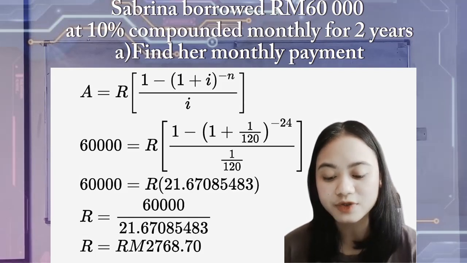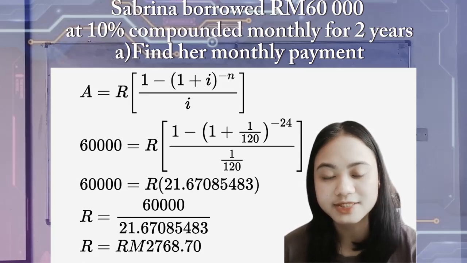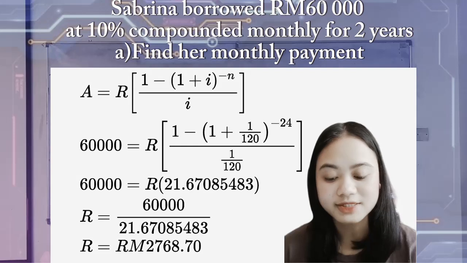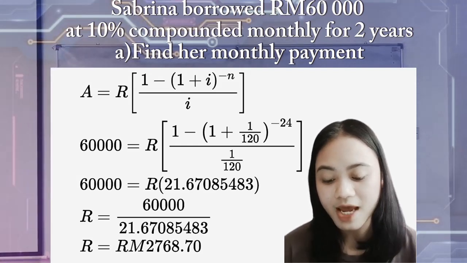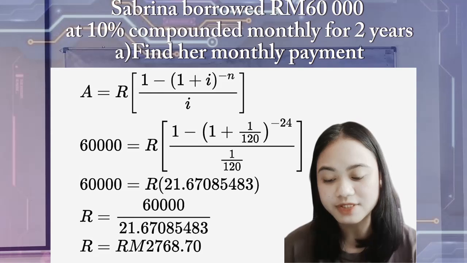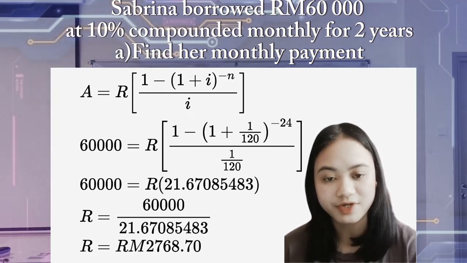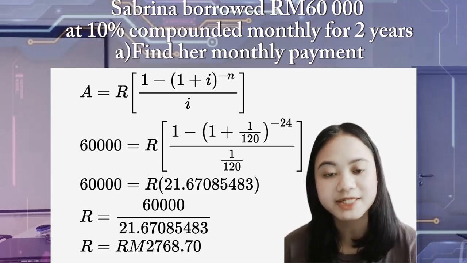So we move R to the other side and it becomes R equals 60,000 divided by 21,670.85483. The final answer is 2,768.70 ringgit.